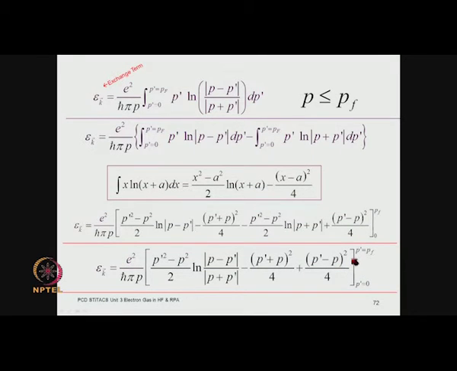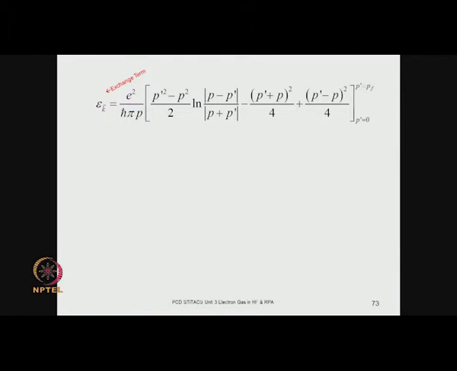Okay. So, now you have to put the limits because you have an upper limit p prime equal to the Fermi momentum and the lower limit is p prime equal to 0. So, you have to write this expression for the upper limit and subtract from it the corresponding expression for the lower limit. So, let us do that. So, we have the upper limits and the lower limits to be respectively the Fermi momentum and 0.